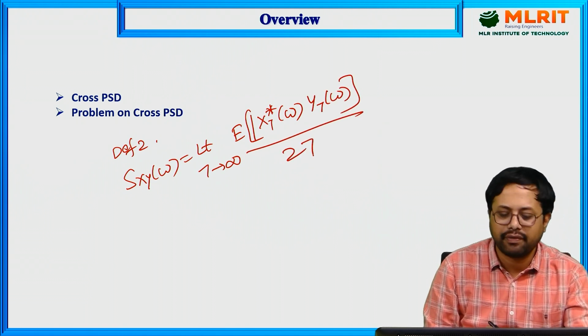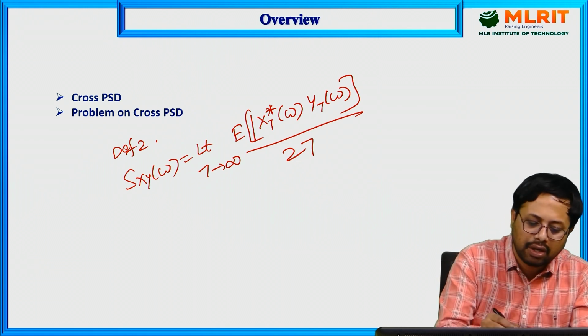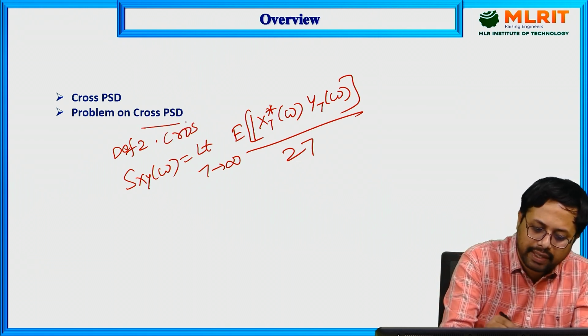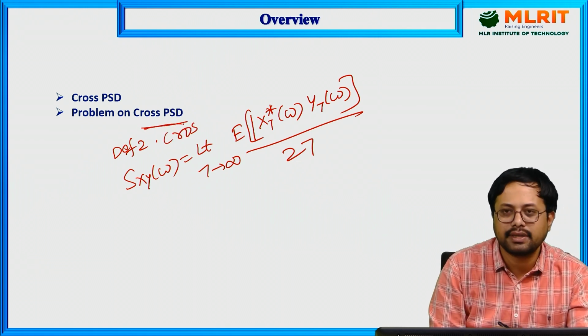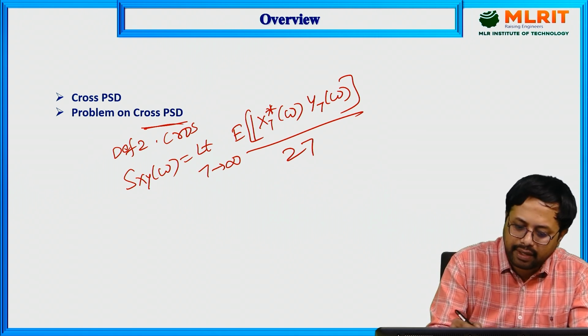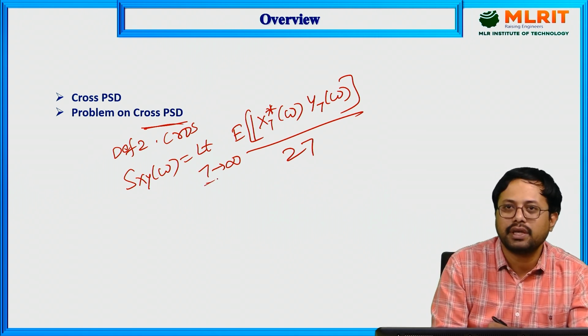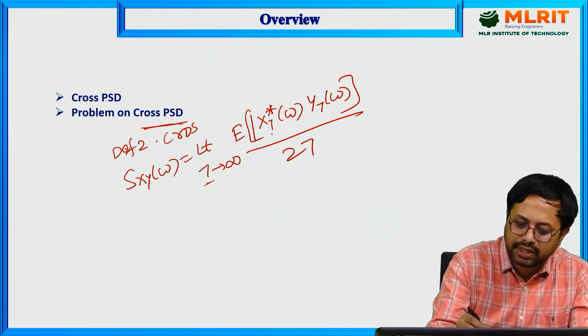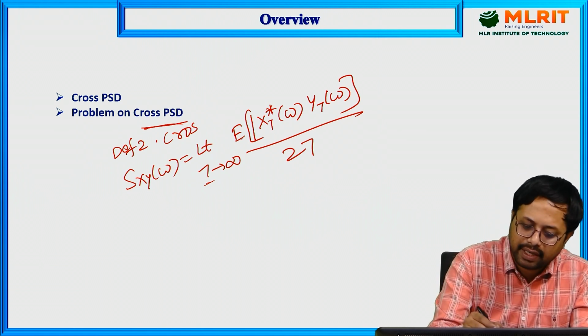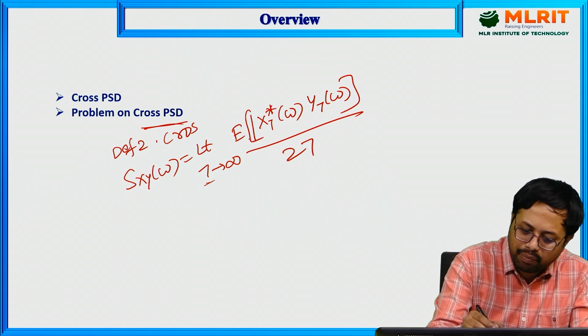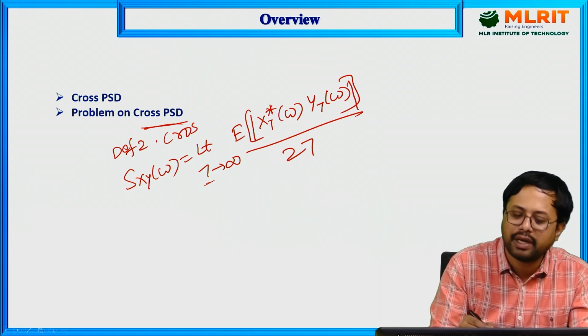This is the second definition of cross power spectral density, or cross density spectrum, you can call it in any manner, where T is the time duration. Here we have two signals x of t and y of t, and here you are having the expectation of the modulus.